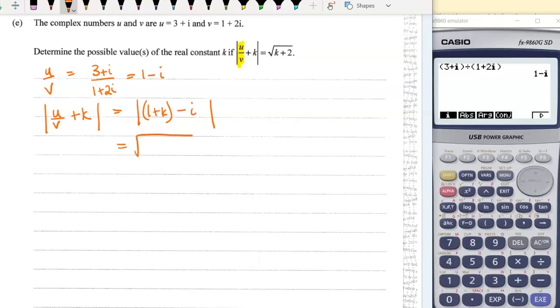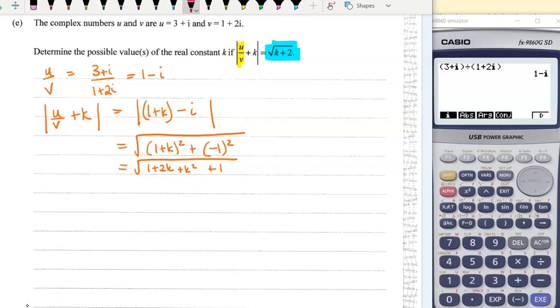Now, modulus means we square root the real part squared plus the imaginary part squared. Remember, the imaginary part is the coefficient of the imaginary. It's not the i itself. So this will be equal to the square root of 1 plus 2k plus k squared plus 1. And then we will set that to be equal to the square root of k plus 2.